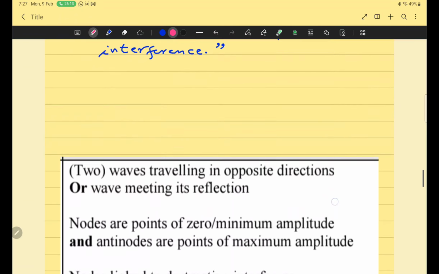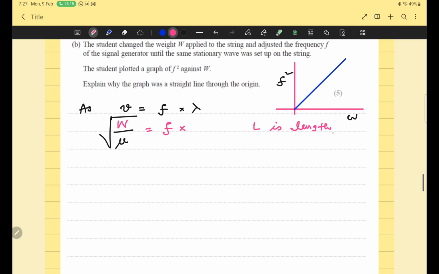L is the length of the string, and you know for one loop, L is equal to lambda by 2, and this lambda is equal to 2L. We are fixing, each time we will keep the number of loops in the string only one.